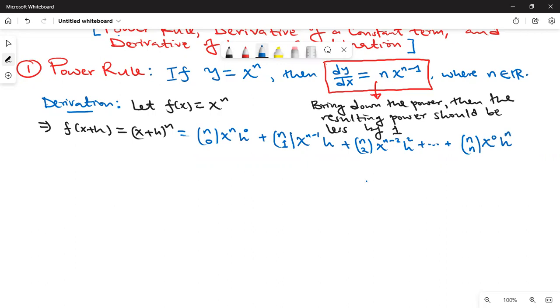That's what we'll have. And remember, I want us to take note of combination.